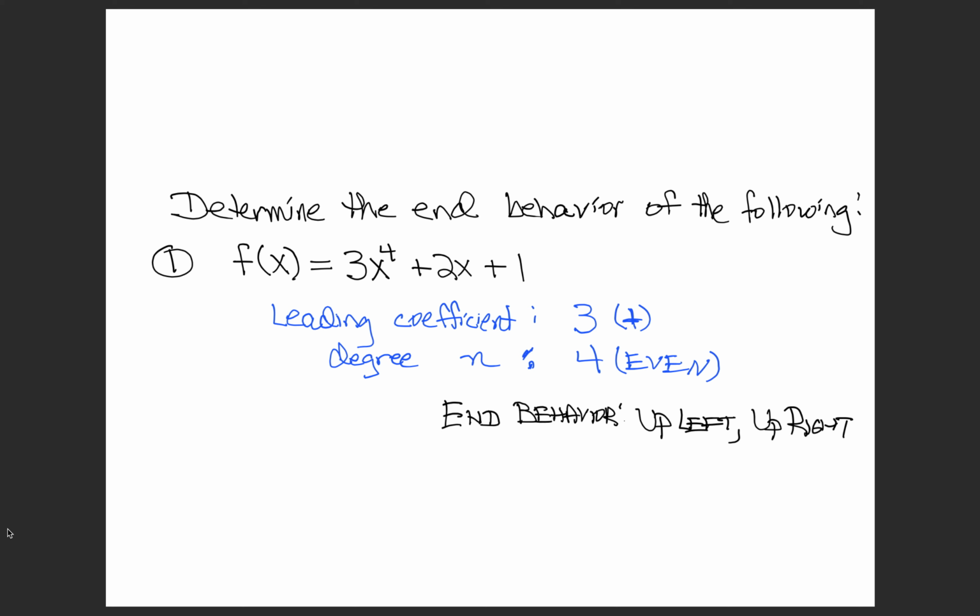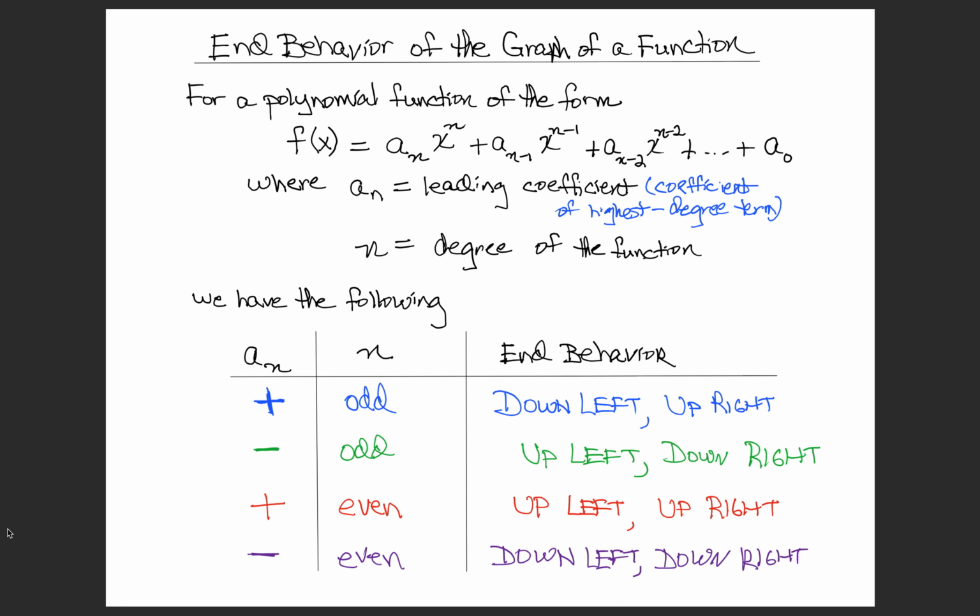And the degree n is 4, so that is an even value. If you notice, we have a positive leading coefficient and the degree is even. And in this combination, notice what we have in red in the guideline here. The end behavior is up to the left and up to the right.